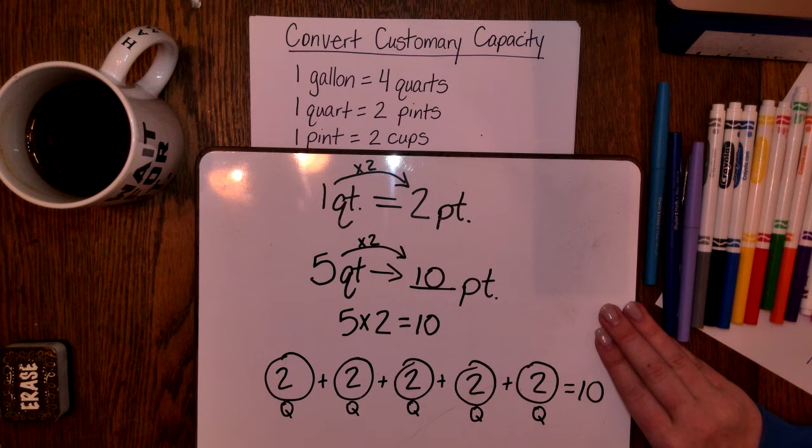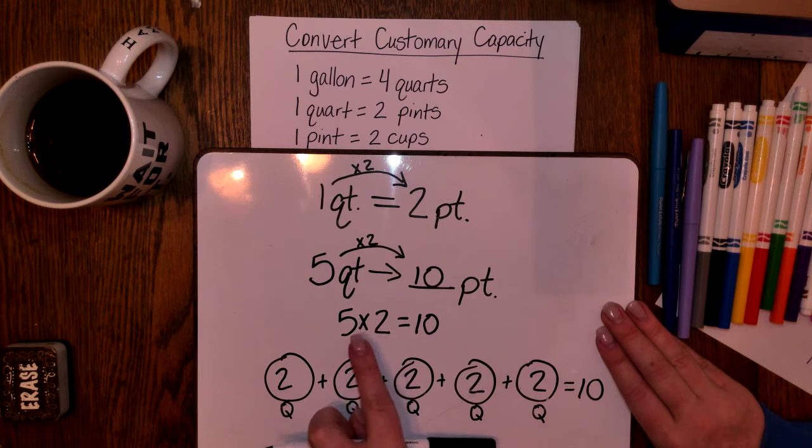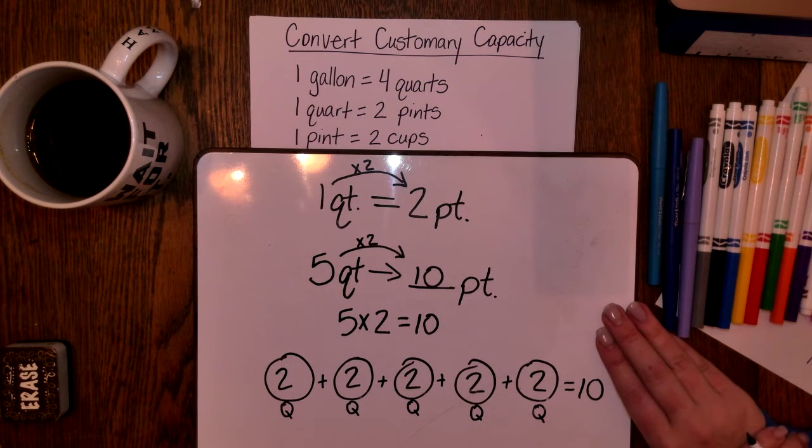The reason we can multiply is because we know that repeated addition, when you add the same thing over and over and over, is the same as multiplication. So I'm doing my 2 5 times, and I get 10.